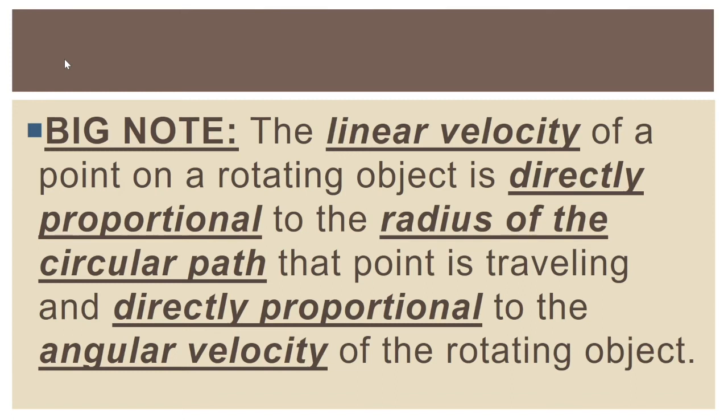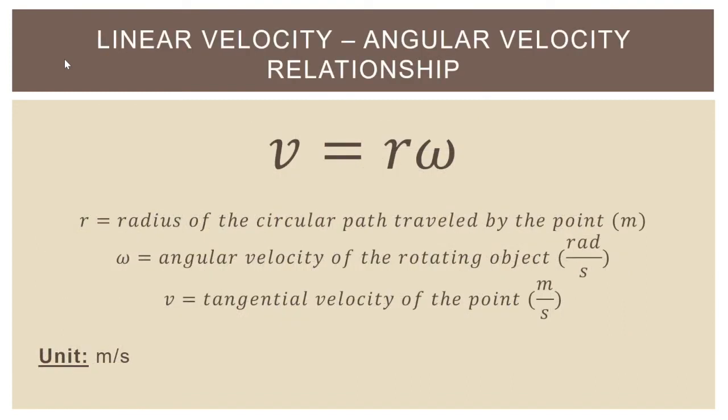And so because the linear velocity is directly proportional to the radius and directly proportional to the angular velocity, it should not be a surprise what the equation looks like. The equation is v equals r omega, where v is the tangential velocity of the point, r is the radius of the circular path traveled by the point, and omega is the angular velocity of the rotating object.